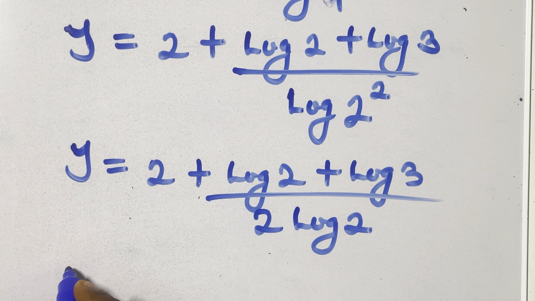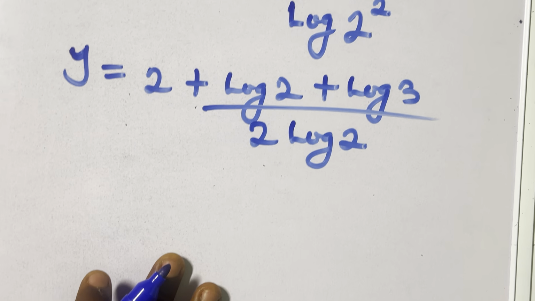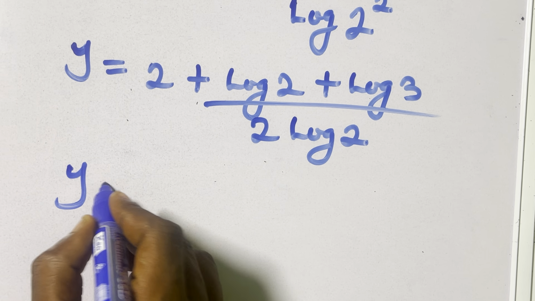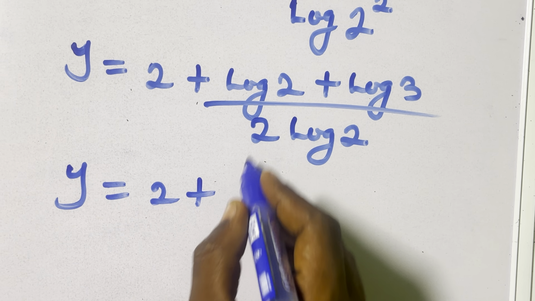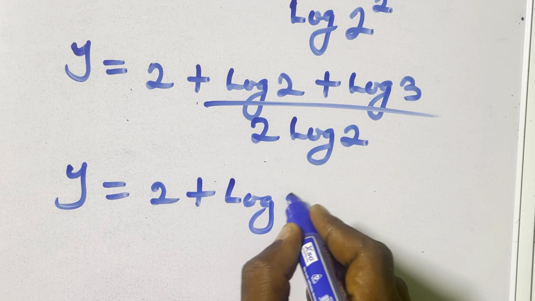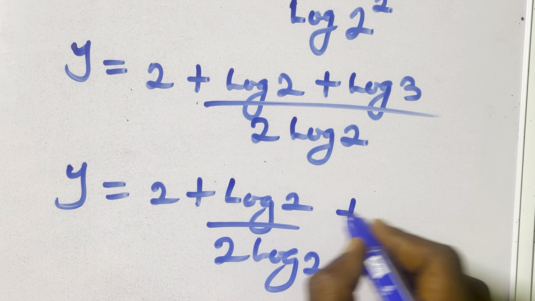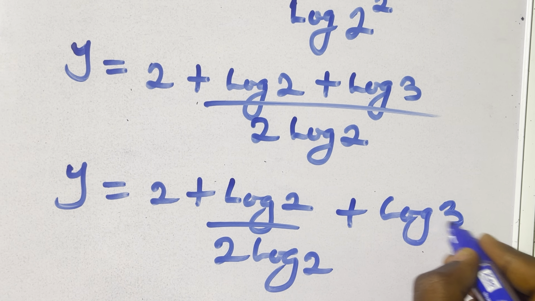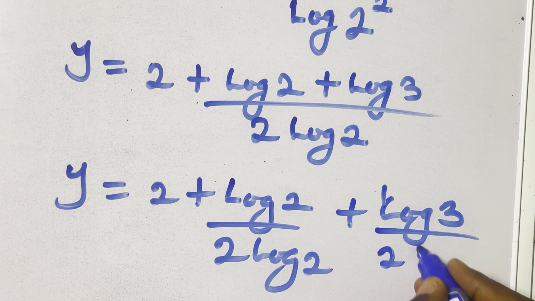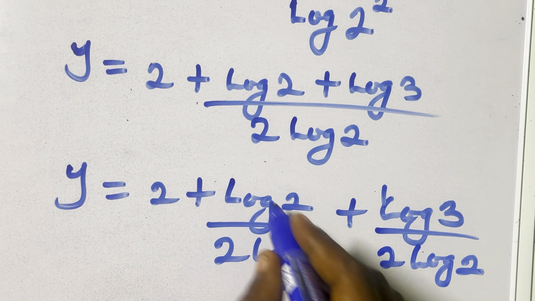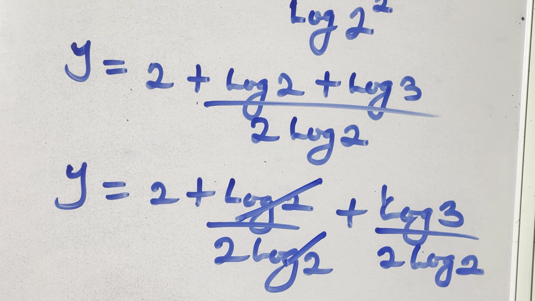Alright, therefore we are going to have y to be 2 plus log 2 divided by 2 log 2 plus log 3 divided by 2 log 2. This will cancel out this, right?